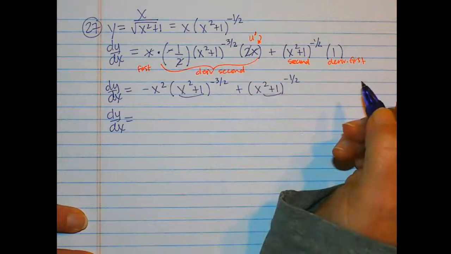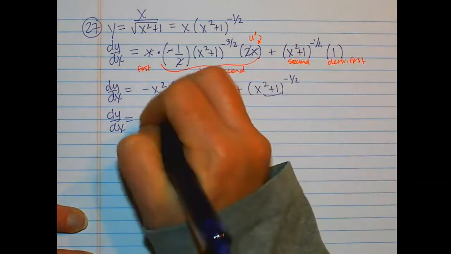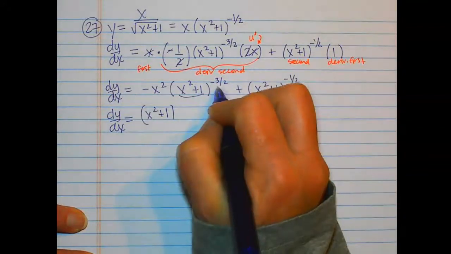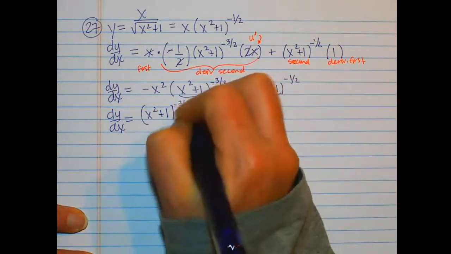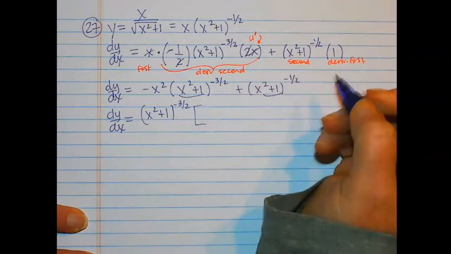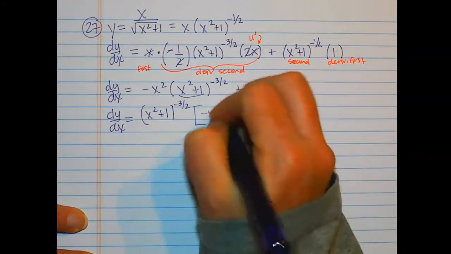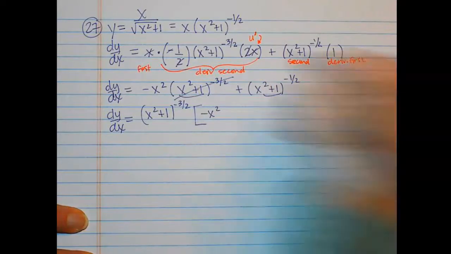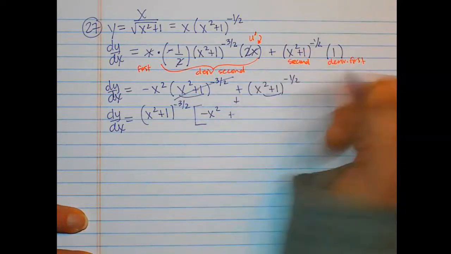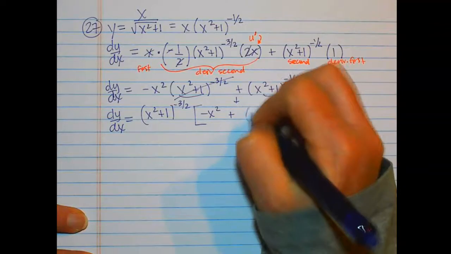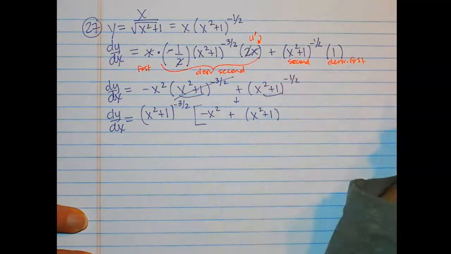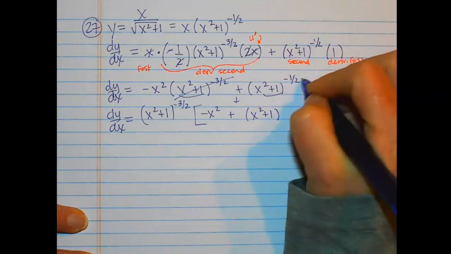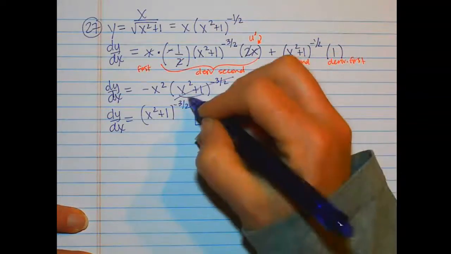I'm going to take out x squared plus 1 to the smallest exponent, so negative 3/2. And then what's left is negative x squared for the first term. I took this out entirely. Plus, we did not take this one out entirely, so I have to keep the base and figure out the exponent. So we had negative 1/2, and we're going to subtract negative 3/2.